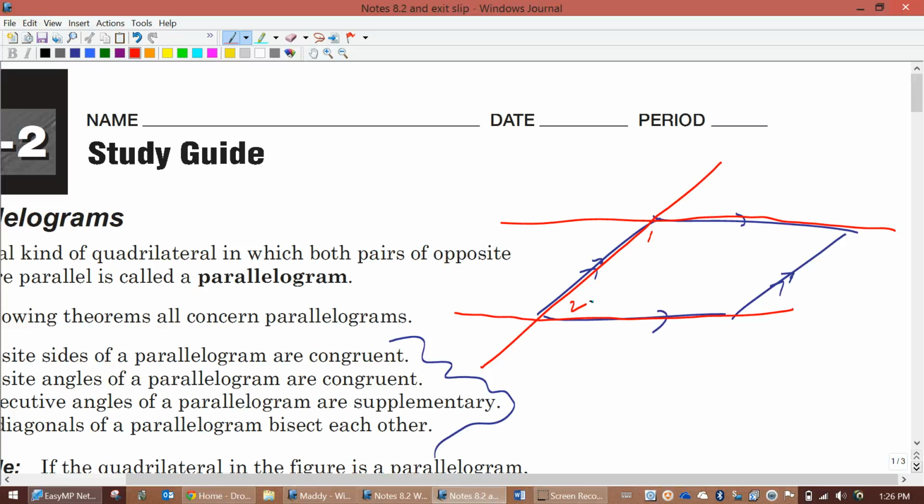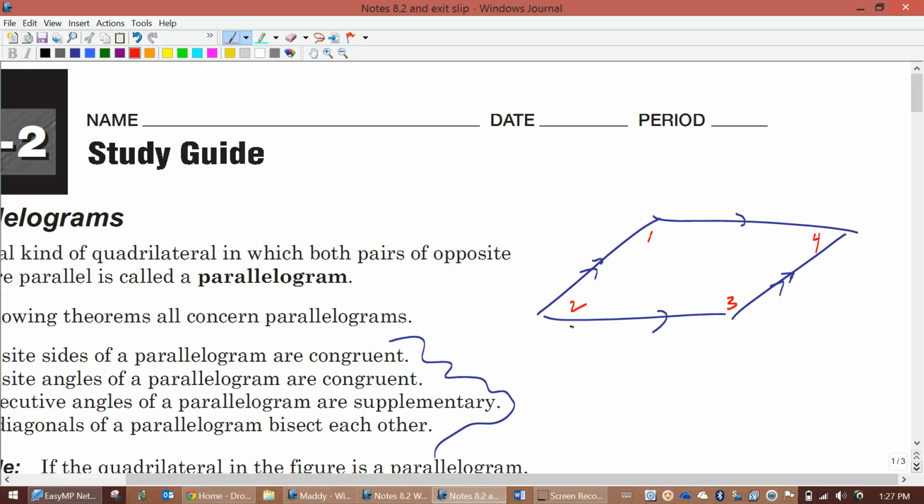We had previously learned that consecutive interior angles are supplementary. In terms of a parallelogram, those two angles, which would mean the consecutive angles on a parallelogram, would also be supplementary. You can have a similar argument comparing angles 2 and 3. Those would also be supplementary.